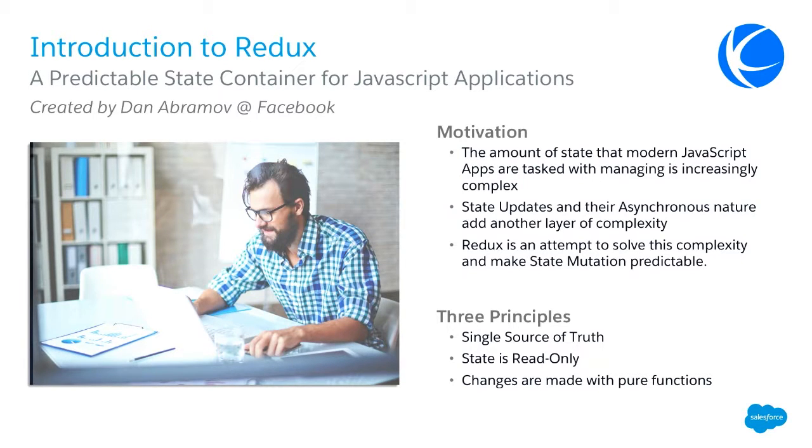The motivation for writing Redux is that Dan had a lot of inspiration from the Flux architecture that Facebook uses, as well as the language Elm. And the real motivation is that there's just a lot of complexity in managing state in JavaScript applications today. I think a large part of that is due to a lot of the reasons given in the slide, like the asynchronous nature and just generally managing state.